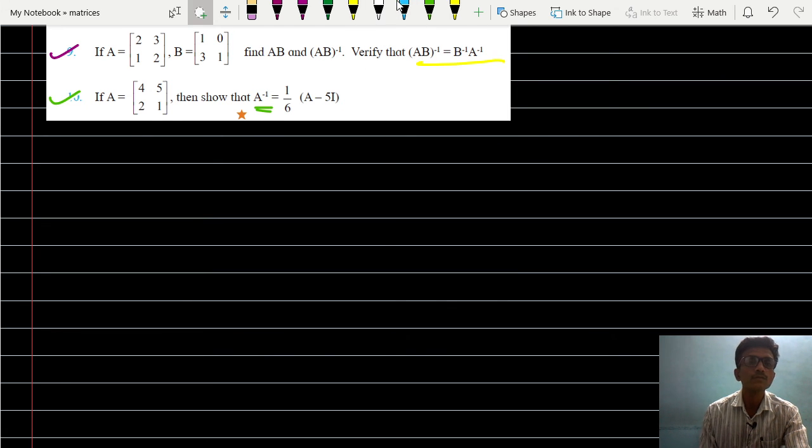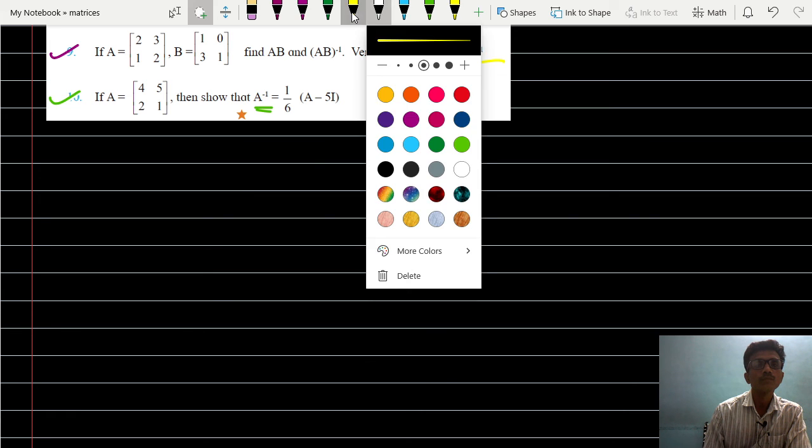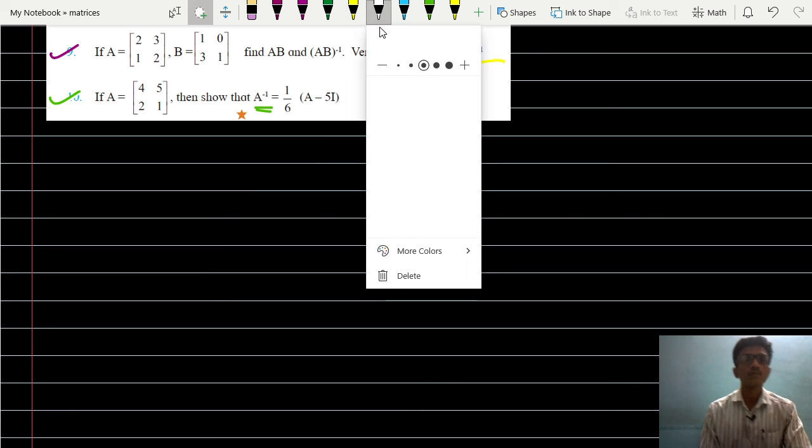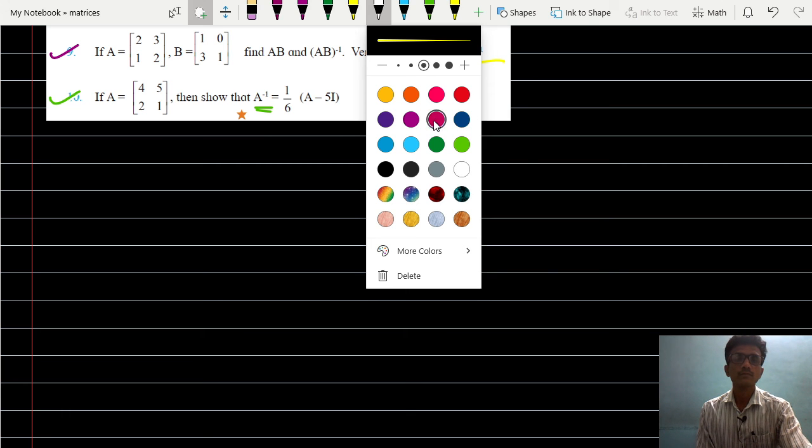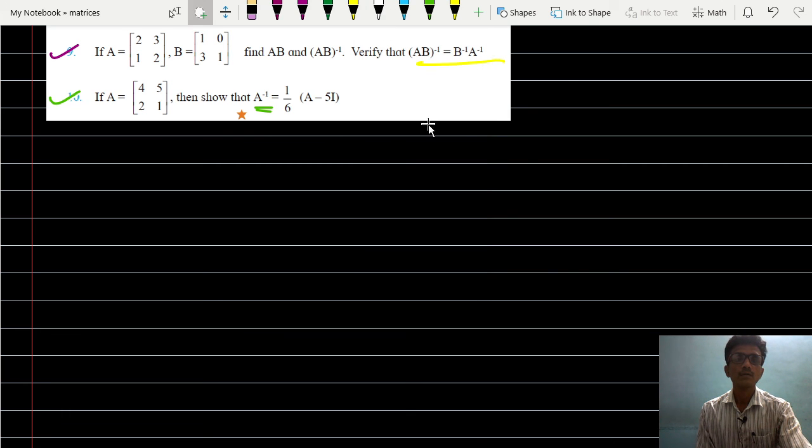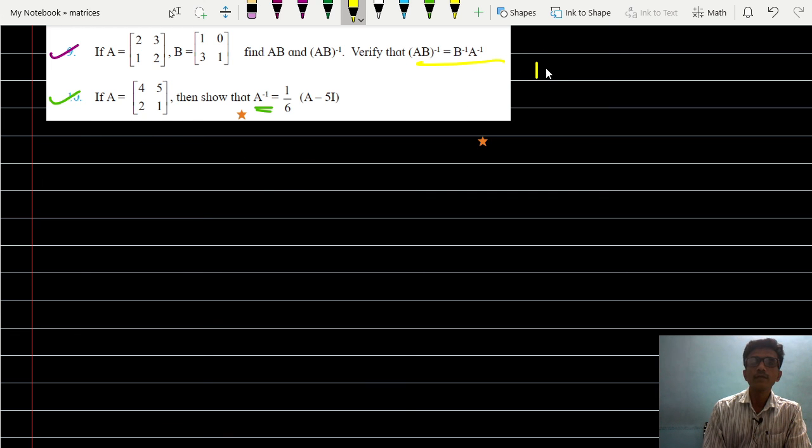A inverse is equal to 1 by determinant of A into adjoint of A. First of all we will find determinant of A. So what is determinant of A?